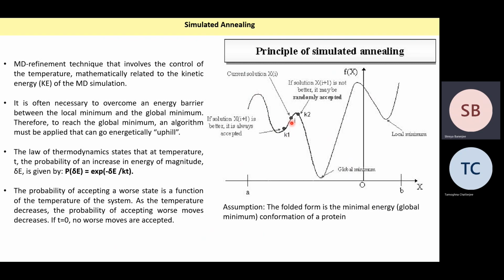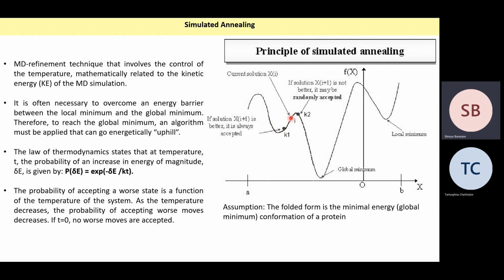Suppose you start at point I. If you move from I to K1, it is lower energy, so you will always move. The program always tries to find the lower energy.